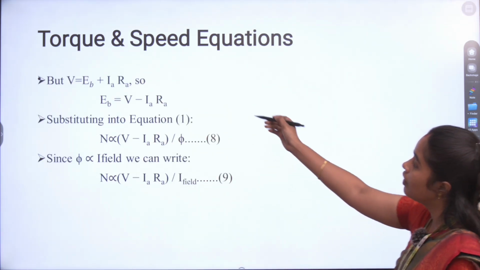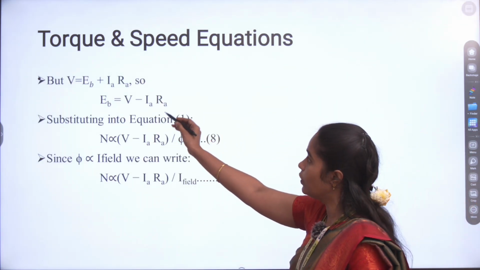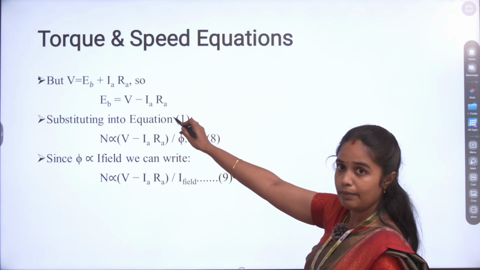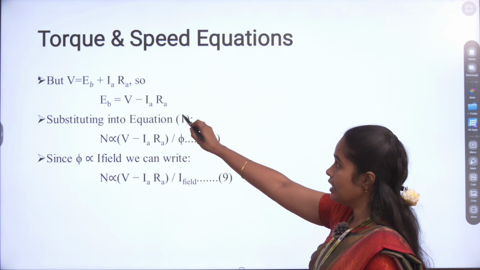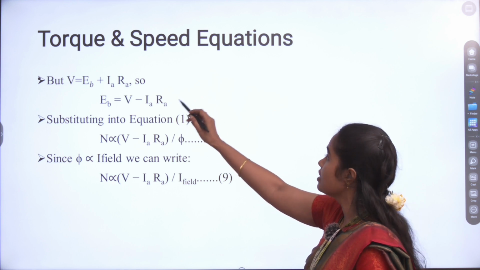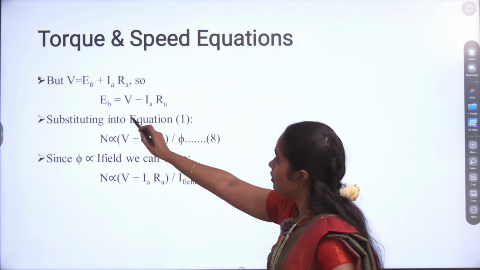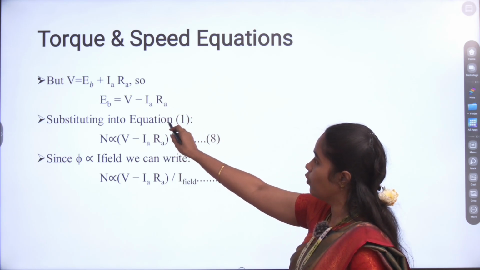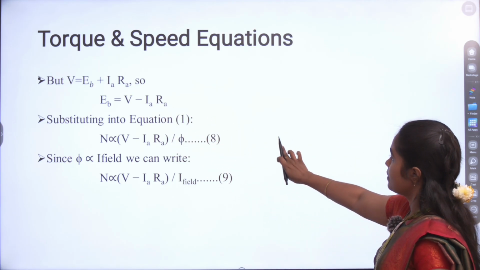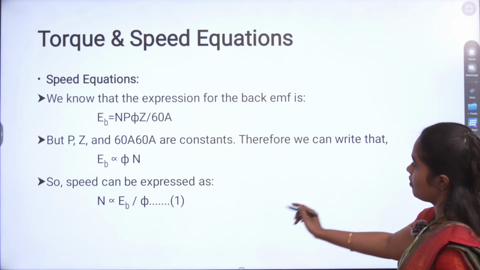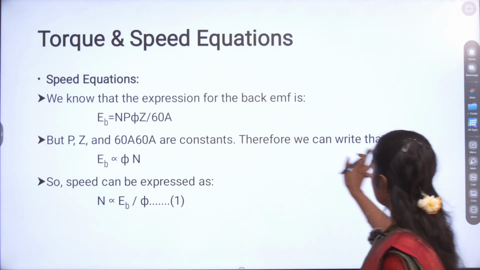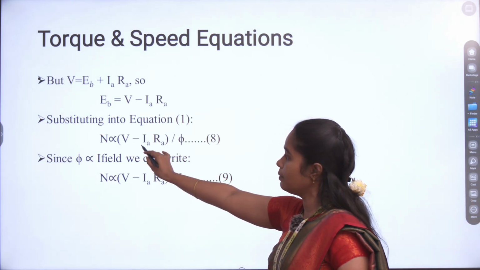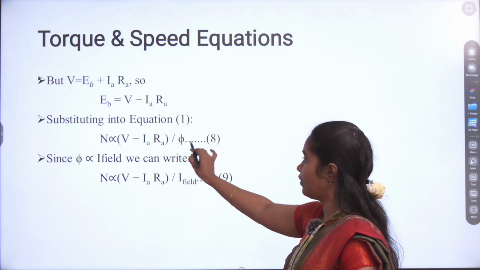Next, the voltage equation: V equal to EB plus Ia Ra. EB means back EMF, Ia means armature current, and Ra means armature resistance. I need only the back EMF, so EB equal to V minus Ia Ra. Substituting the back EMF in the above equation, N is directly proportional to V minus Ia Ra divided by phi.